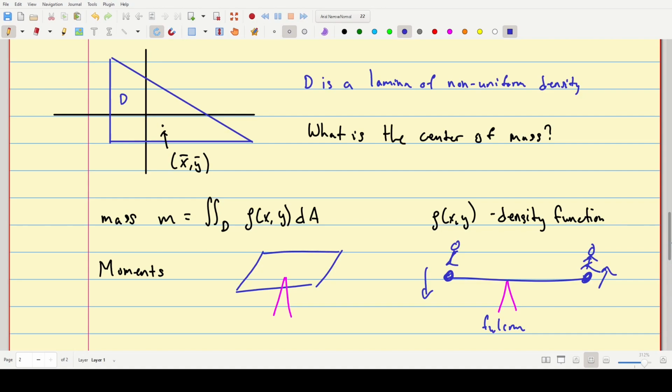This is a moment. Same thing's going on here. This plate has mass, and that mass is applying moments on the fulcrum that this thing is sitting upon. The farther away from the origin, the larger those moments become. And that is how we're dealing with this object here, trying to find the center of mass.